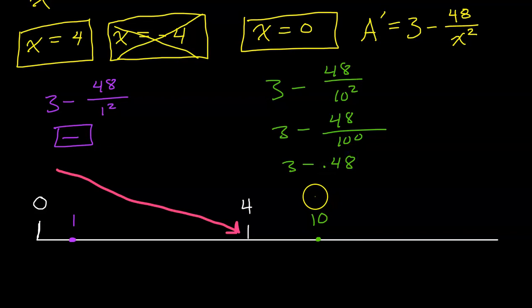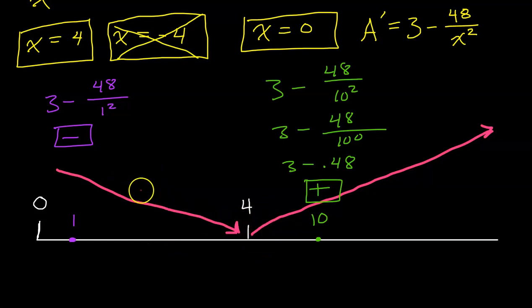And obviously, that is going to be a positive number. That tells us that the function is increasing throughout this interval from 4 to infinity. So we can see that indeed the value of 4 produces a minimum area of the paper.